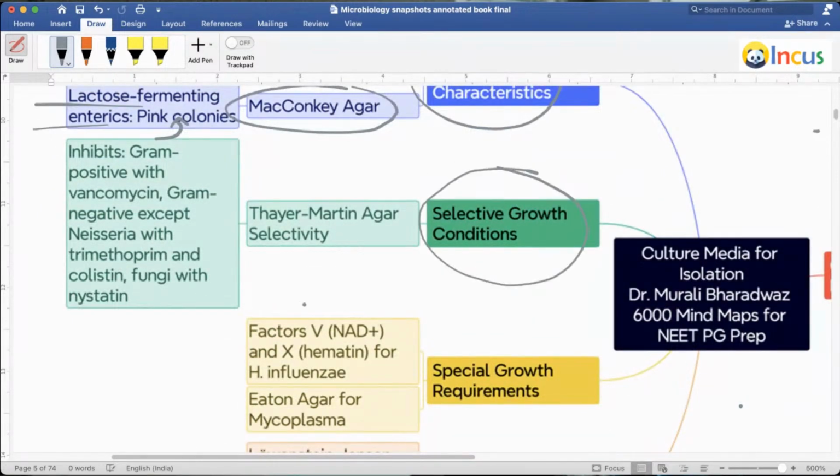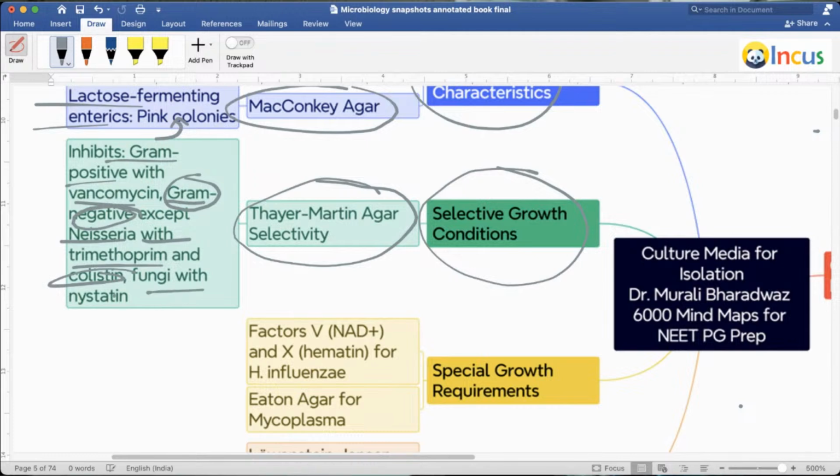Then what are the selective growth conditions? If you look at the Thayer-Martin agar selectivity, what is meant by selective? One type of organism will grow, other type will not grow. That's called selective medium. So the gram-positive organisms typically are inhibited because of the vancomycin, whereas the gram-negative, except Neisseria, are inhibited with trimethoprim and colistin, and fungi are inhibited from growing by nystatin.